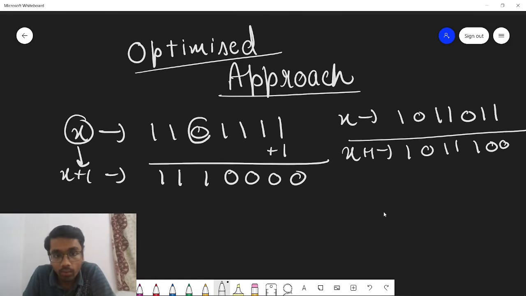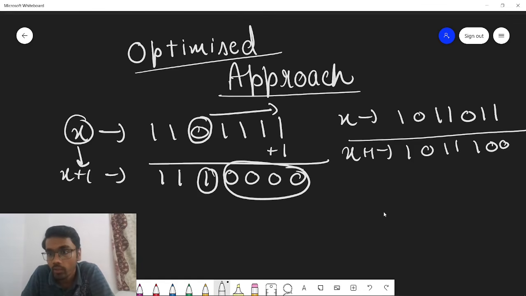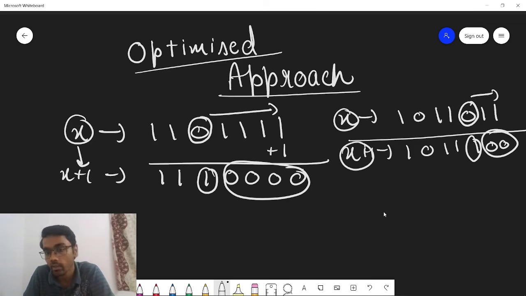Whatever is the rightmost 0 bit, we are setting it to 1, and all the bits towards its right that are 1, we are unsetting. See this example also. Whatever is the rightmost 0, we are setting it, and all the values to the right of it that are 1, we are unsetting. So this is how we get x plus 1 from this x.